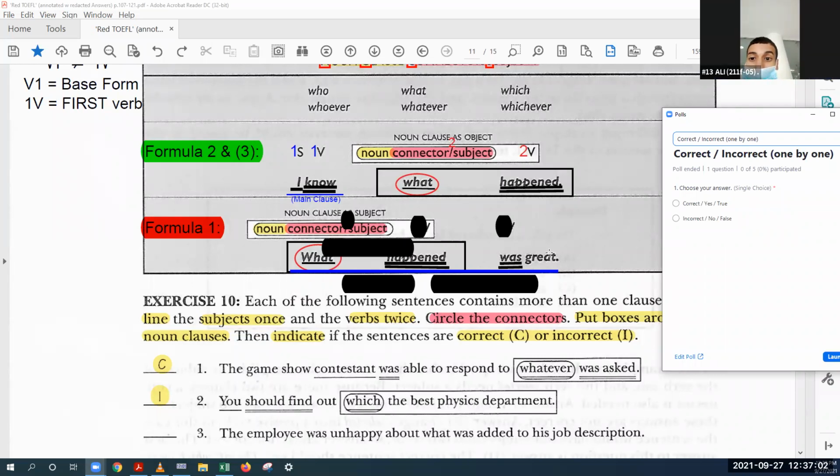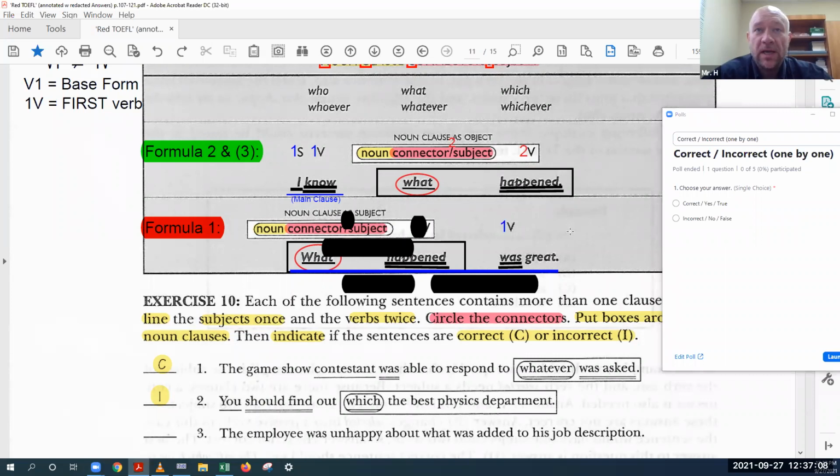Was great. That's correct. Now, let's find the second subject and the second verb. What happened? The subject. So tell me the connector. How about the connector? The connector is what? All right. And why is there a line under it? Because it's also a subject. Okay. And then? And then happened is the second verb.